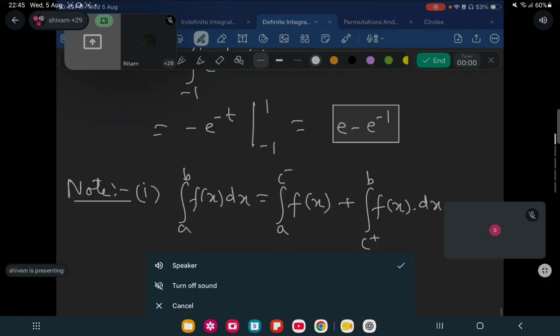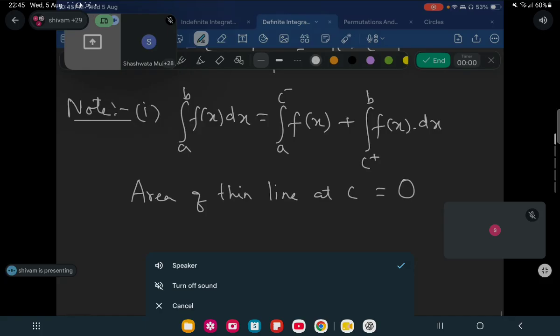Now why will this work every time? What is the area of that thin line at c? It is 0 only, right?